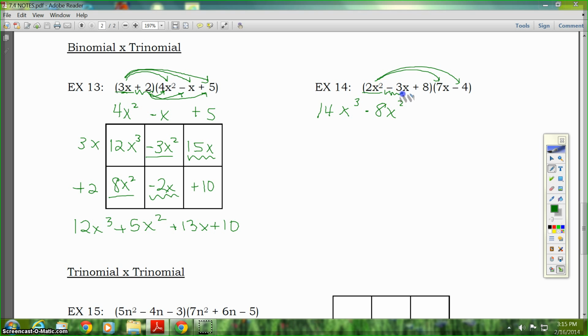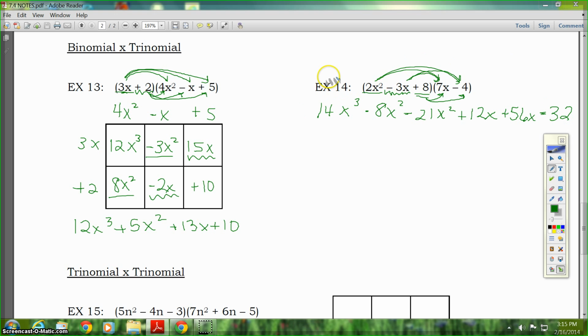Now I'm going to take my middle term, and I'm also going to distribute it. And I get negative 21x squared and positive 12x. And I'm going to take my last term, 8, and distribute it. And I'm going to get positive 56x minus 32.